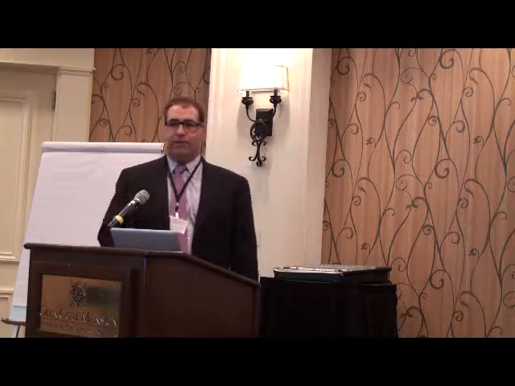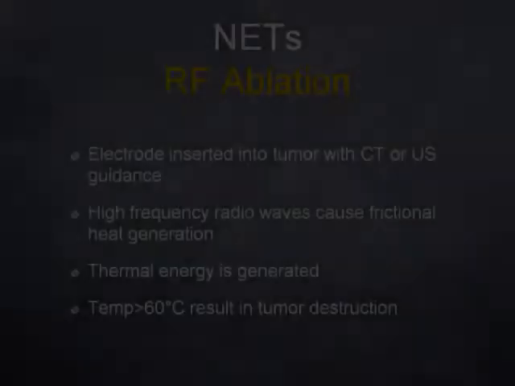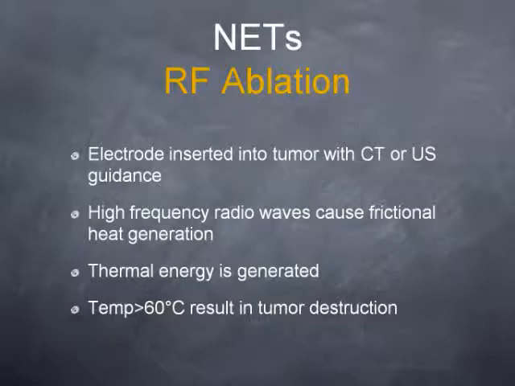So what is RF ablation, or radiofrequency ablation? Basically, an electrode is inserted directly through the skin into the liver, into the tumor, and we use CAT scan or ultrasound guidance. Then we attach this probe, which is in the tumor, to a box which delivers high-frequency radio waves, which causes frictional heat generation.